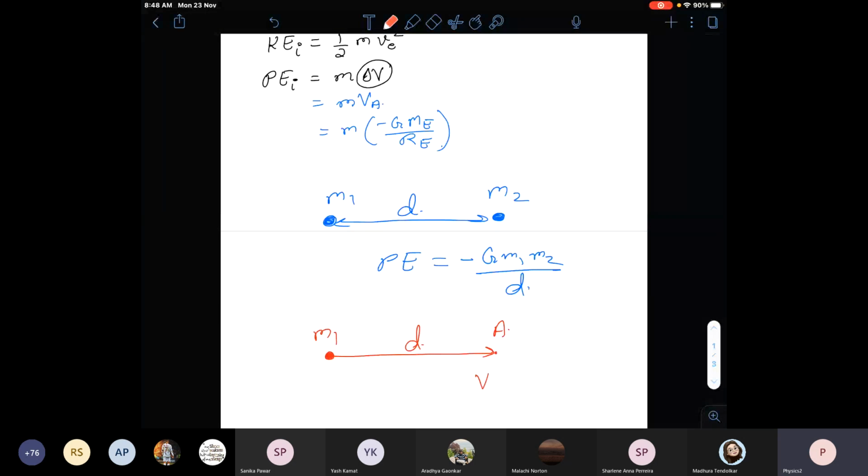So what can you write as the potential at this point? What will be the potential due to mass m1 at this point? Have you done potential or only potential energy? Because both are the same. If you have not done gravitational potential, it doesn't matter.